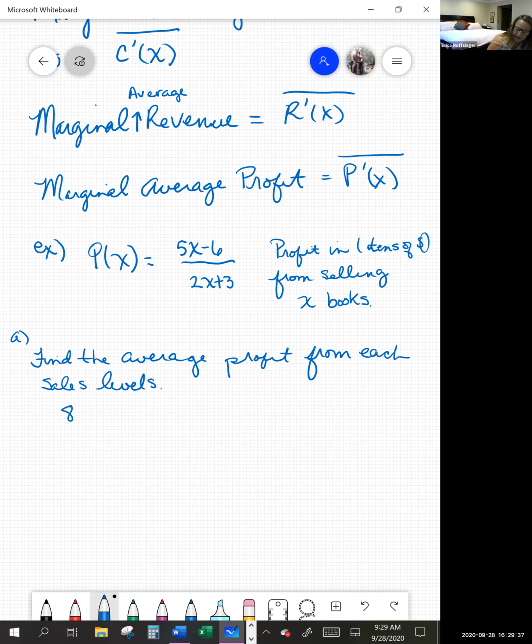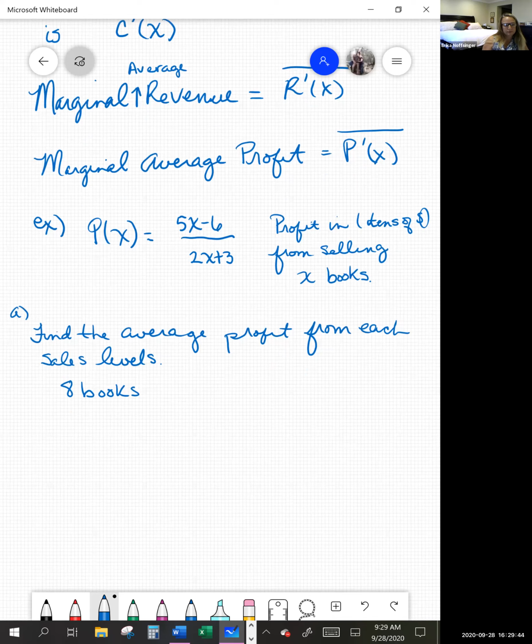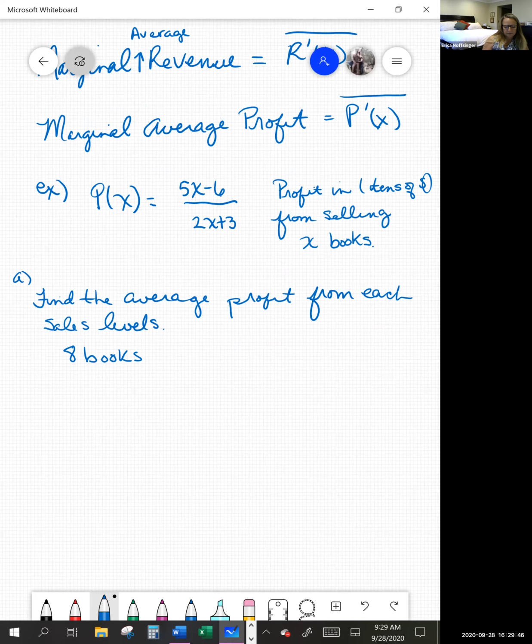So if it says 8 books, okay, so this is our average profit.